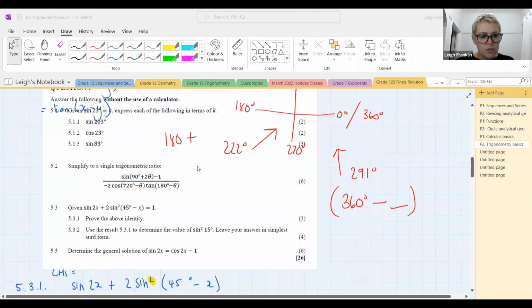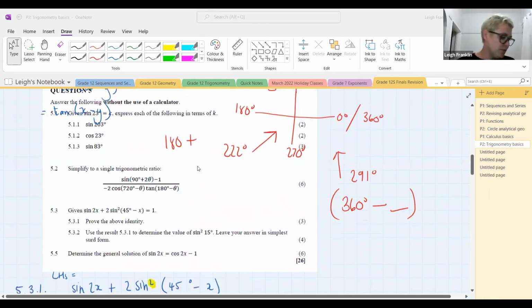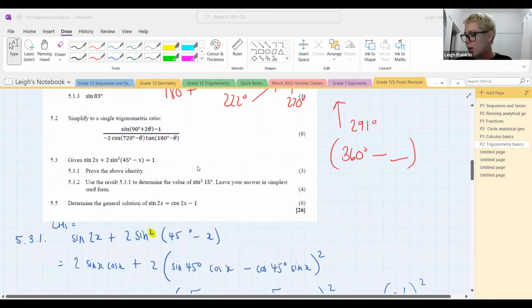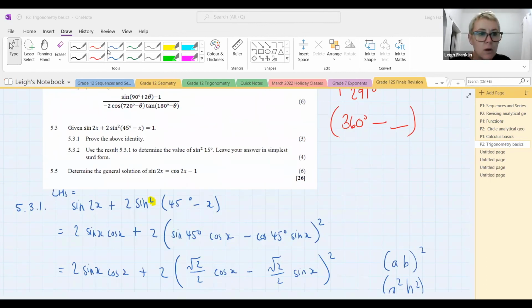So sine squared 15, and again, this is where our grade 11 stuff helps us so much.